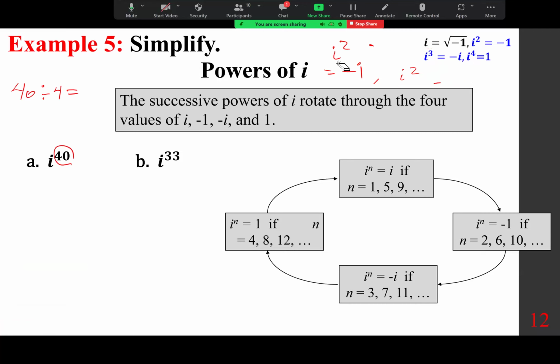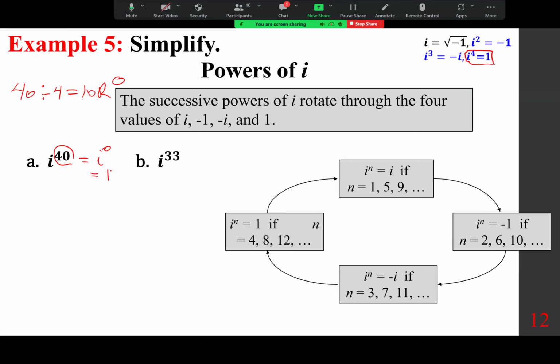Why number 4? Because we know I to the power of 4 is 1. So in this case, the answer is 10, remainder 0. You just keep the remainder. If the remainder is 0, which is the case here, it's the same as I to the power of 0, and it's 1. That's the fastest and easiest way.